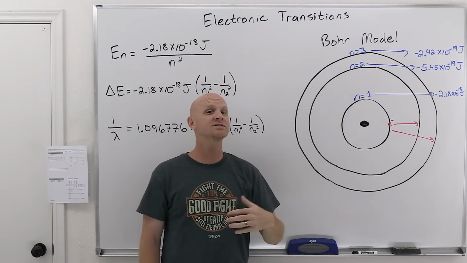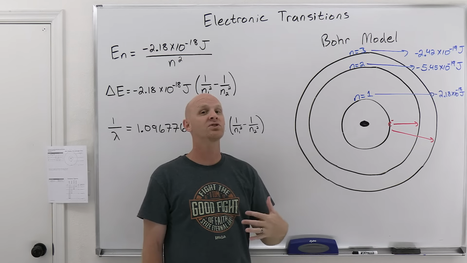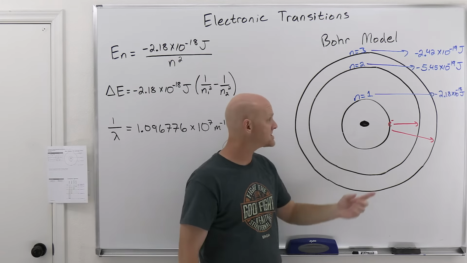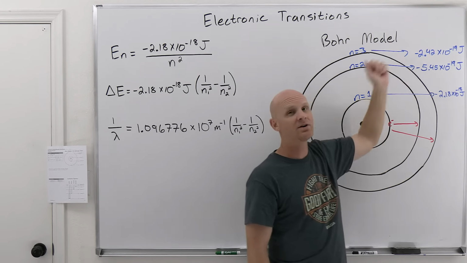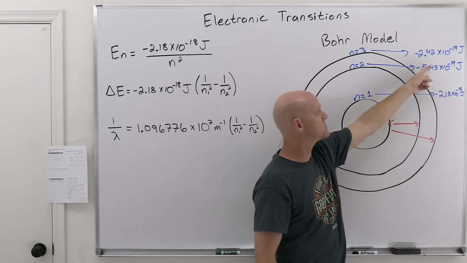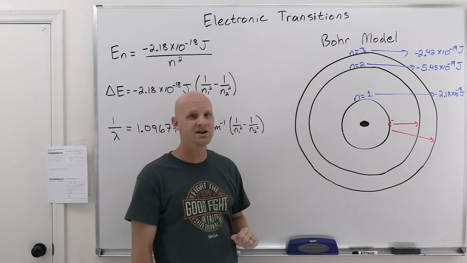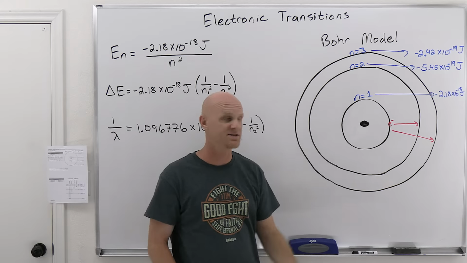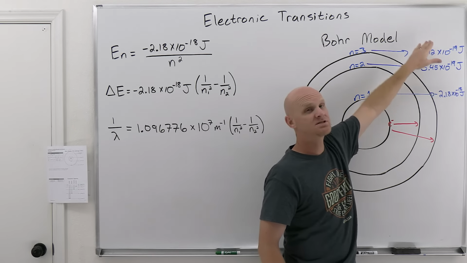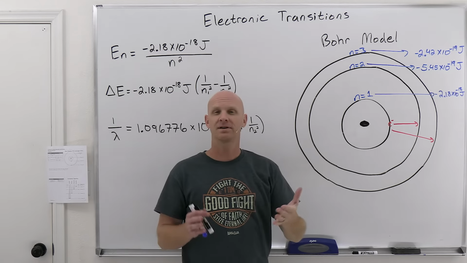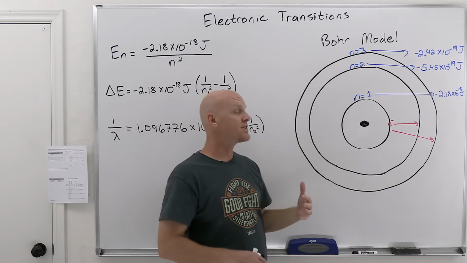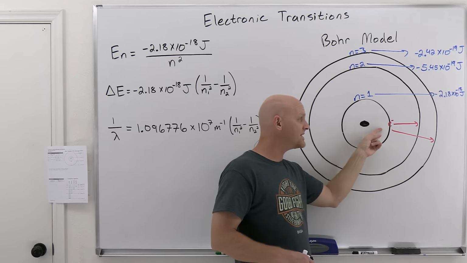And because it's only at certain distances, that means that there's only going to be certain energies for these electrons possible, these energies we just calculated. But there isn't an energy in between these two. And so what this means is that the electron's energy in an atom is quantized. It only exists at specific quantities. And because of that, though, it turns out that only certain photons could get absorbed.